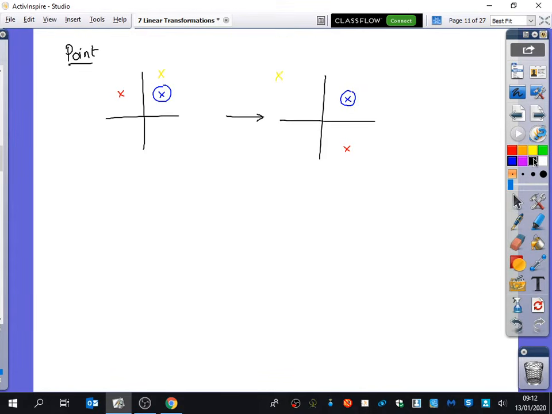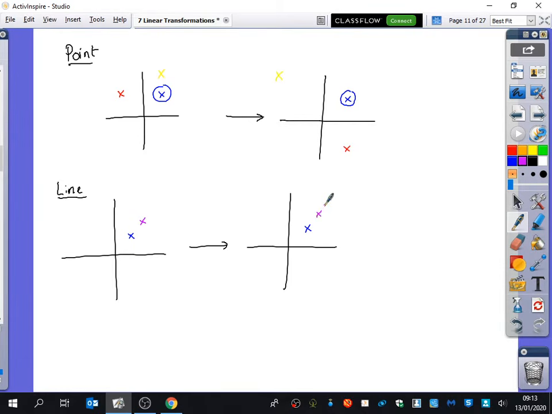We don't really know what the transformation is, but we can see from this that this is the invariant point. Now, there's a couple of different ways that we can think about an invariant line, okay? An invariant line could be something that looks like this. It could be something where this blue point goes to this blue point, this purple point goes to this purple point, and this green point goes to this green point.